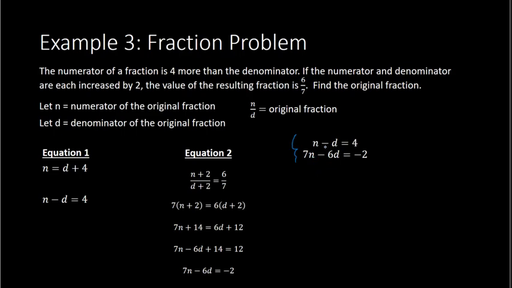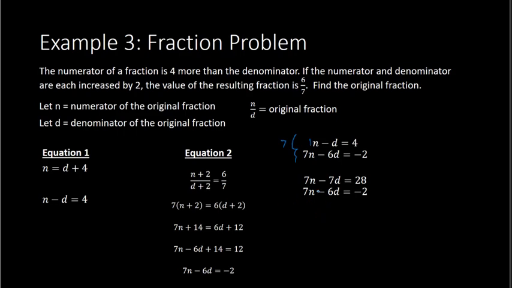So if I look at the n's, for example, here we have 1n, here we have 7n's. To get these to be the same, I can multiply this top equation by a 7. So that would become 7 times n minus 7 times d equals 4 times 7, which is 28. Alright, so that's my first equation. And the second equation will stay the same.